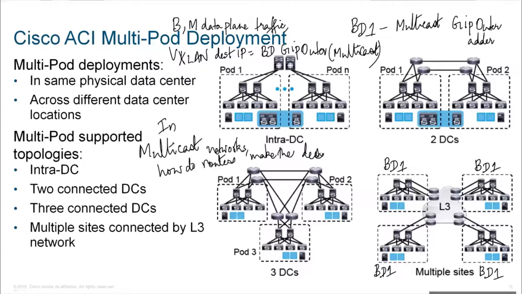What protocol is involved for a router to decide, hey, I need to send a copy of this frame to router 1, router 3, and router 4? What protocol is involved there? Anyone? Multicast technology.